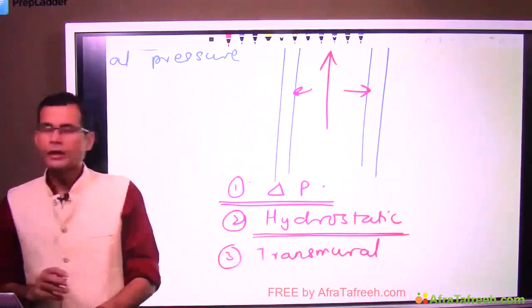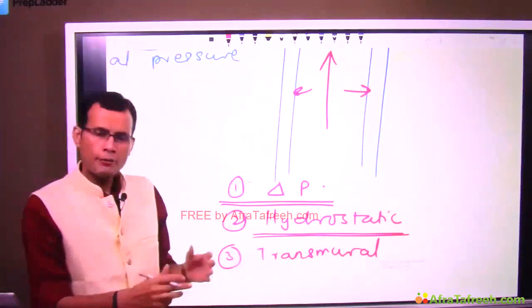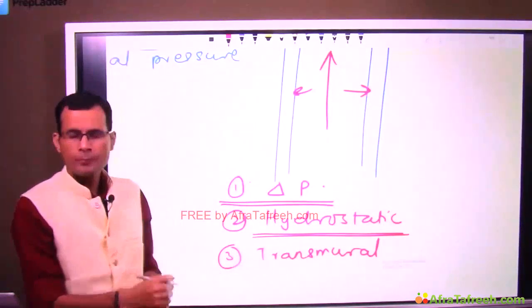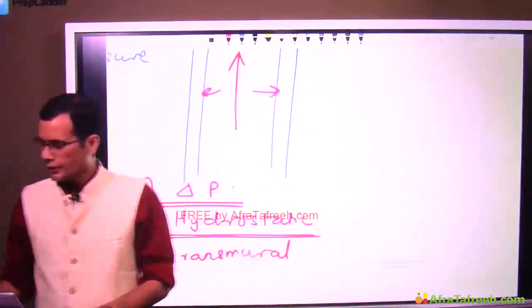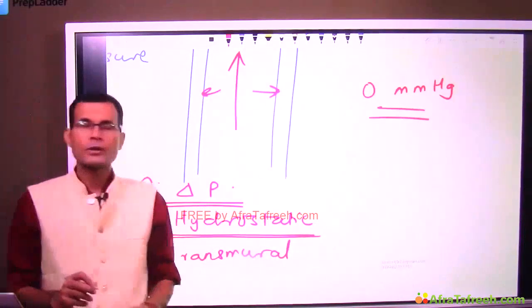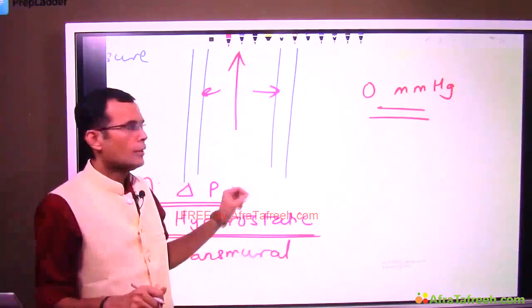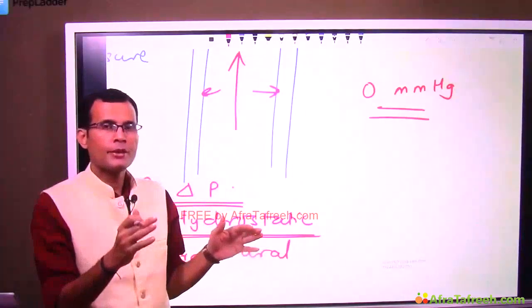Second is the hydrostatic factor. Gravity, the effect of gravity. At the level of heart, the pressure is taken to be 0 mm of Hg. What is the reference level for pressure measurement?